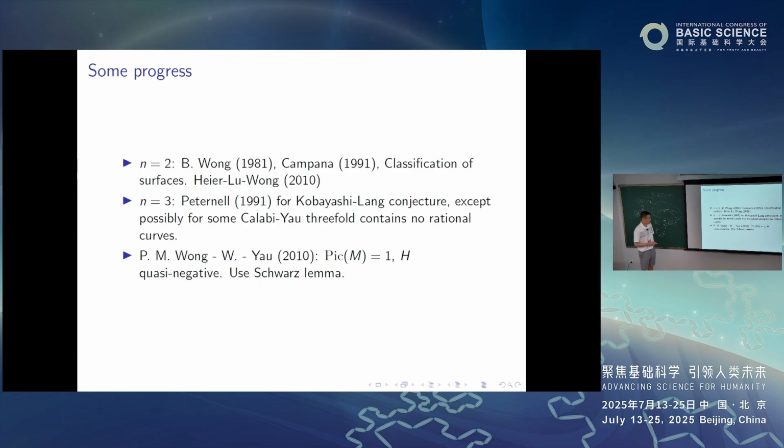More than 10 years ago, I joined with Professor Yau, and we still have no idea. So what we do is that we pose a condition, Picard group of rank 1, so that things are simpler. This we do for Yau's conjecture. Yau's conjecture says that holomorphic sectional curvature is negative. So we already have a metric whose holomorphic sectional curvature is negative.